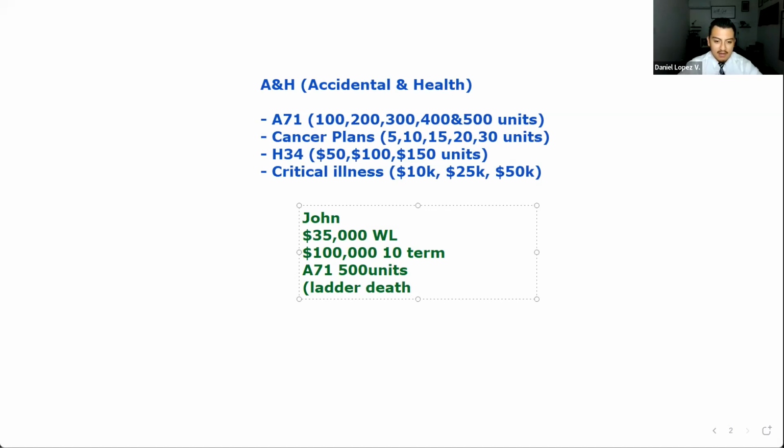Okay. How much is the payout? 185. I got 185. Exactly. Because 500 units starts at 50,000 for any type of accident, and this is considered any type of accident. That's the benefit.